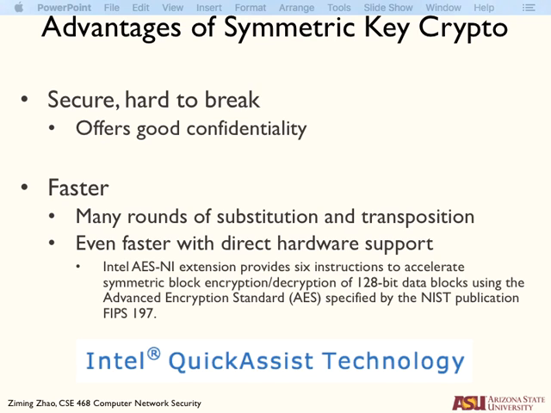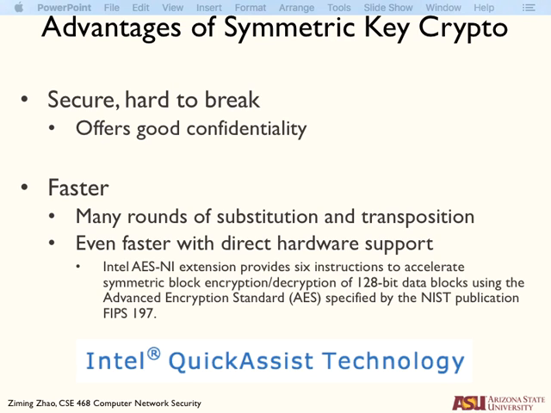The advantage of symmetric key crypto is it is secure, proved by Shannon, and it's hard to break, which means they offer good confidentiality, and they are very, very fast. Basically, they are just combinations of many rounds of substitution and transposition. So it's not really computationally heavy, so it's very fast.